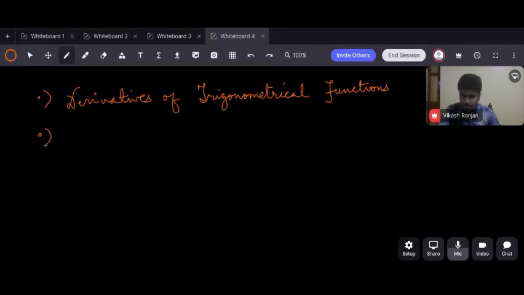Now the other topic is the chain rule. Following we have implicit differentiation.